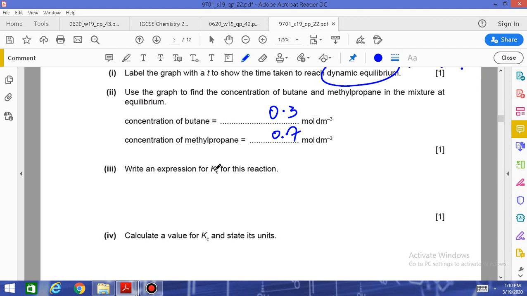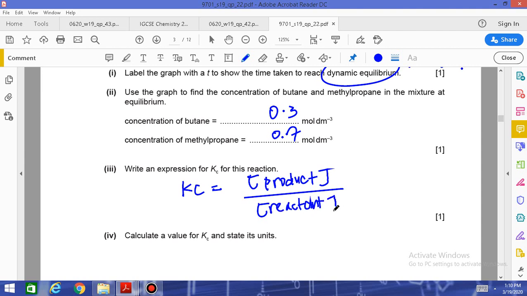Okay, next, write an expression for Kc for this reaction. Kc equals the concentration of product divided by the concentration of reactant. Remember, both of them must be at equilibrium.